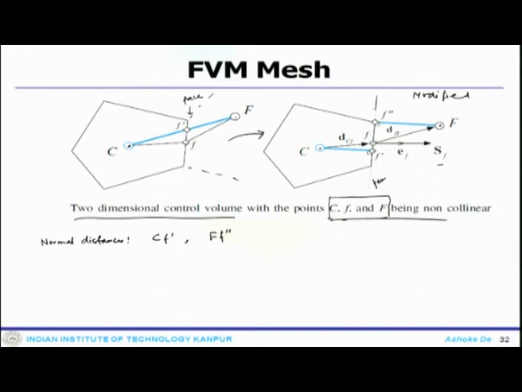Along that line you calculate a normal, C f prime, and then here is your surface vector pointing outward. Then you have a distance vector from C to small f, which is the center of the face, dCf, and from F to small f, dFf.